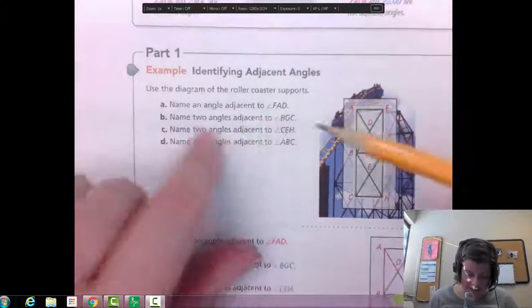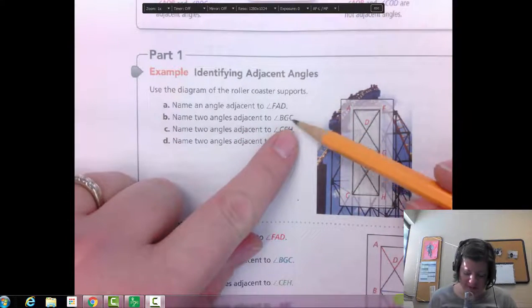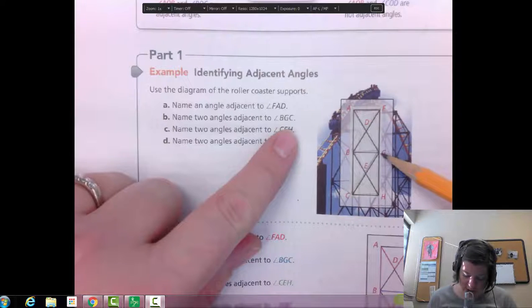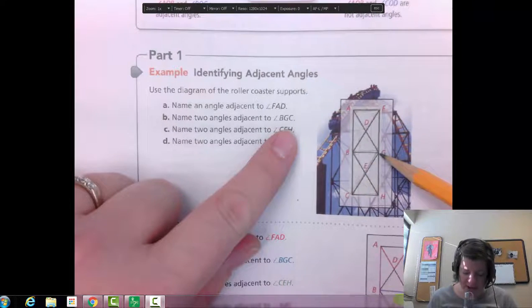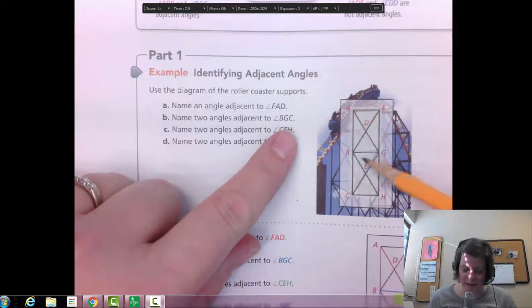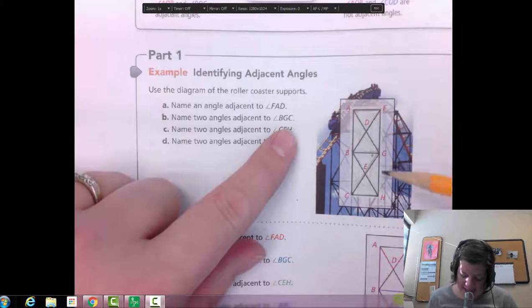So there's one there. Name two angles adjacent to BGC. So here G is our vertex. Basically we're talking about this angle, I just put a dot in, right? Here's one that's adjacent and here's one that's adjacent.